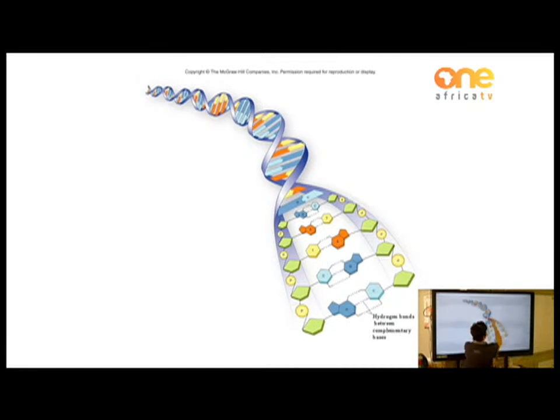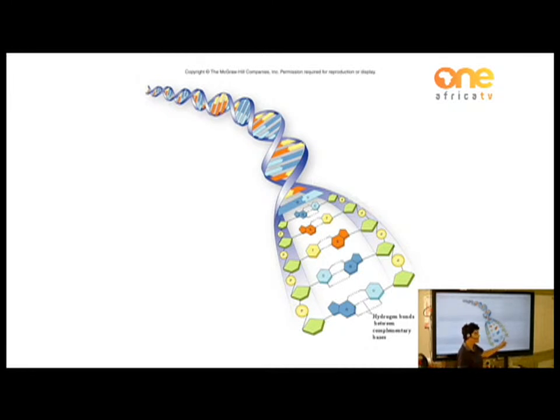But in between, I have 4 different types of nitrogenous bases: adenine, thymine, cytosine, and guanine. But they link as complementary pairs.